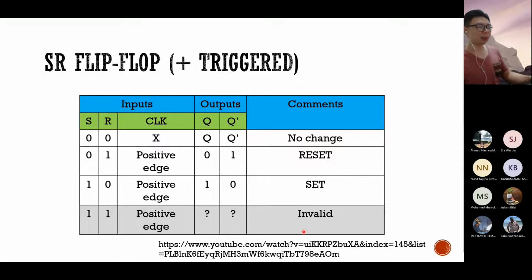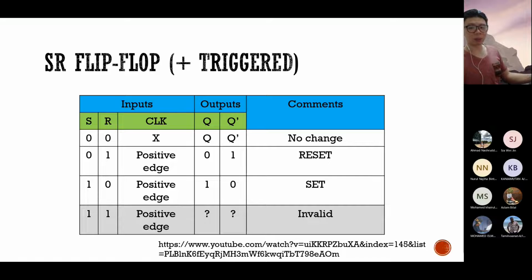The output is indeterminate; there is no fixed output. The output can bounce from 1 to 0, and you cannot determine for sure whether it is a 1 or a 0, or bouncing from one to another. This is the drawback of the SR flip-flop.